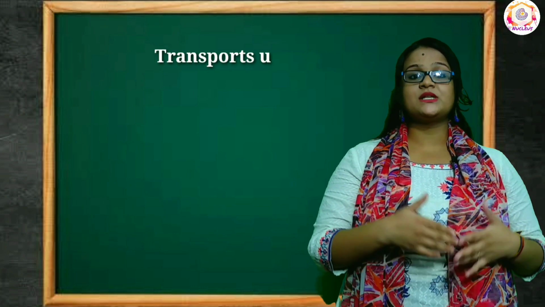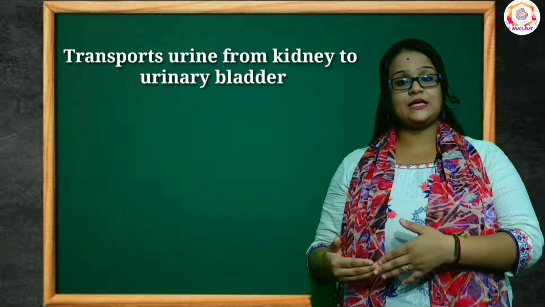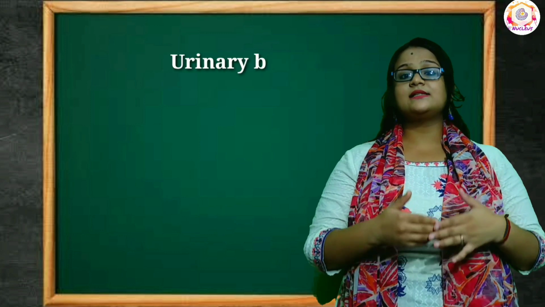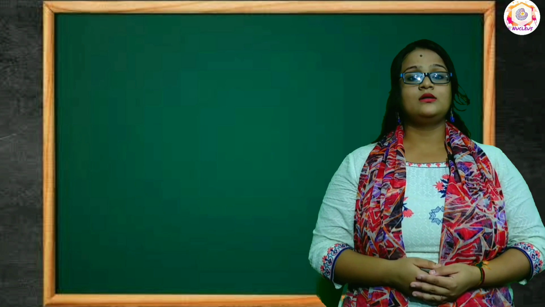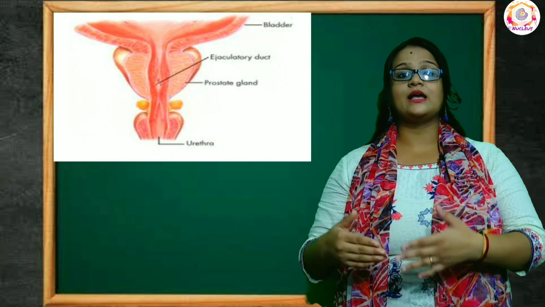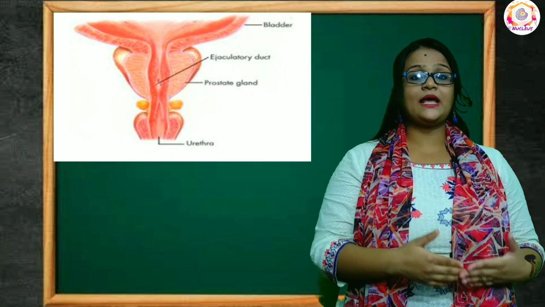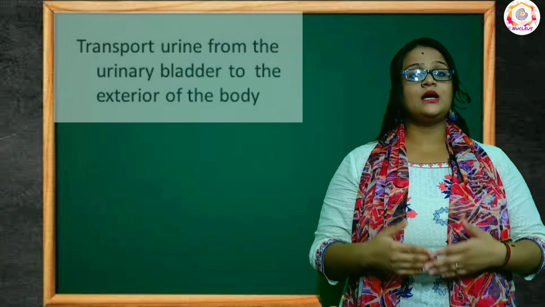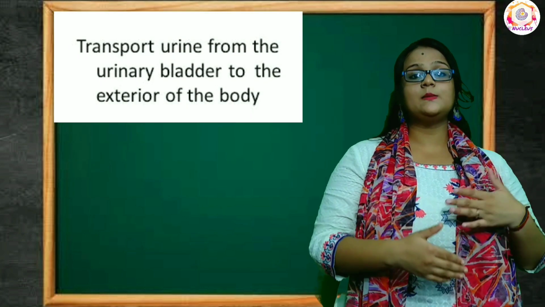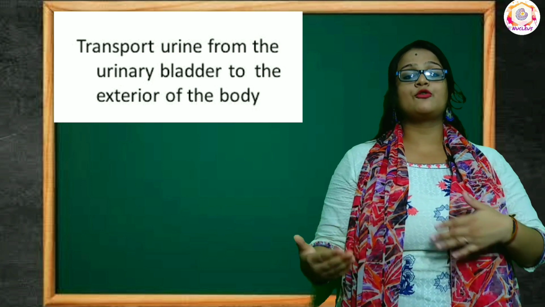These are the tubes that carry urine from the kidney to the bladder. This is the place where urine is stored. The excretory system also has the urethra that plays an important role in the system. Urethra is a tube-like structure that helps in the passing out of urine from the body.